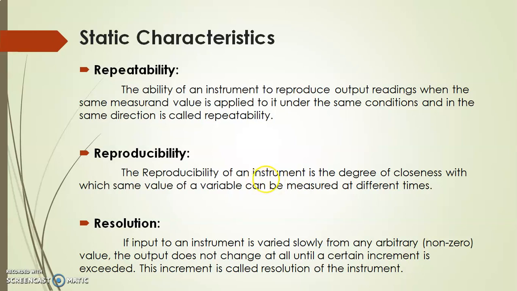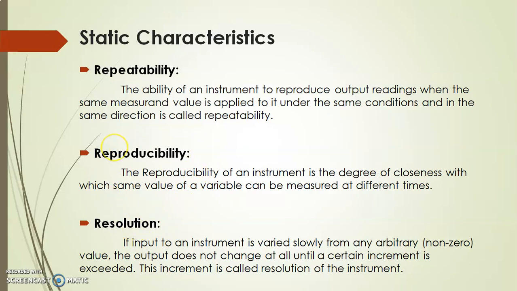That is nothing but reproducibility. The same output should be measured at different times. That means in repeatability the input should be the same, and in reproducibility your output should be the same.